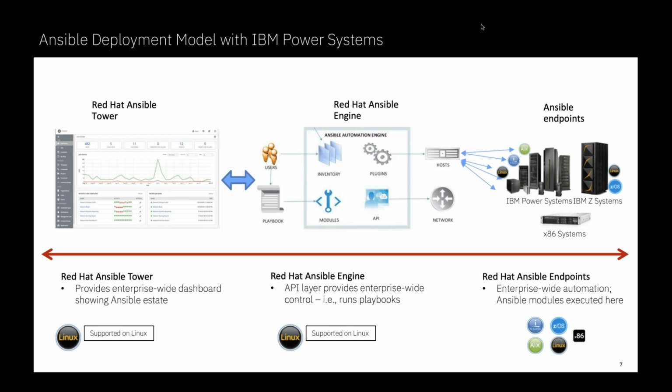Everything to the left of the endpoints remains the same, so you can take your existing deployment of Tower and seamlessly hook your IBM Power Systems into that platform. It makes it really easy to hook your Power platform into your existing estate for those of you that are already Ansible users.